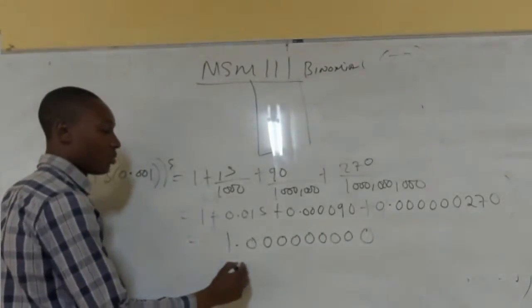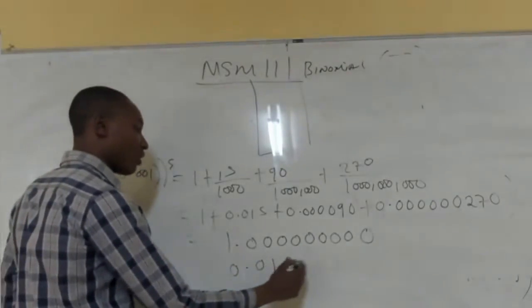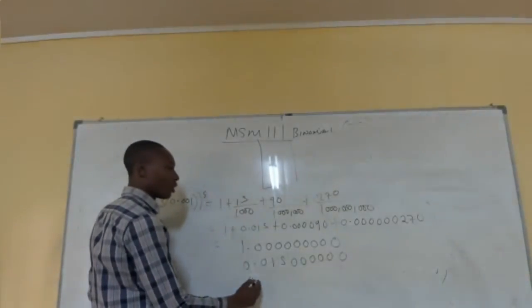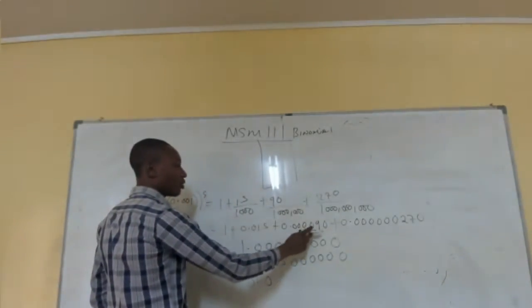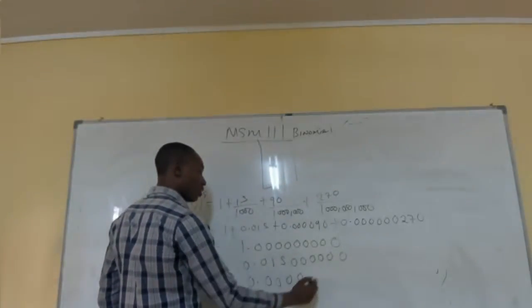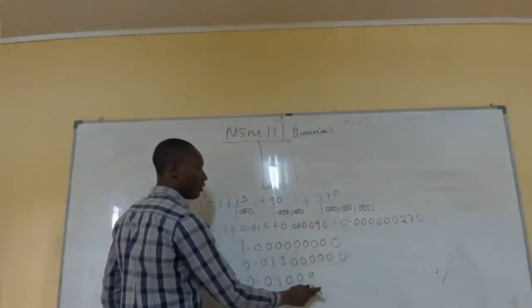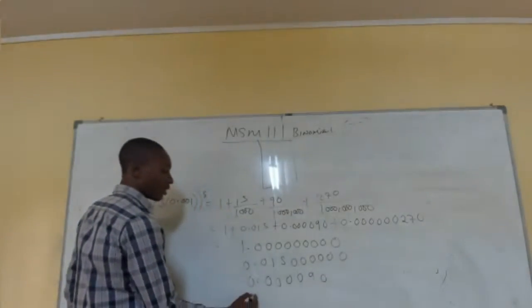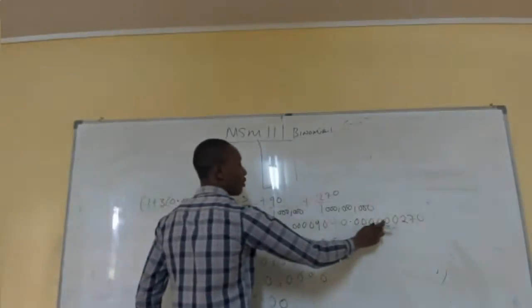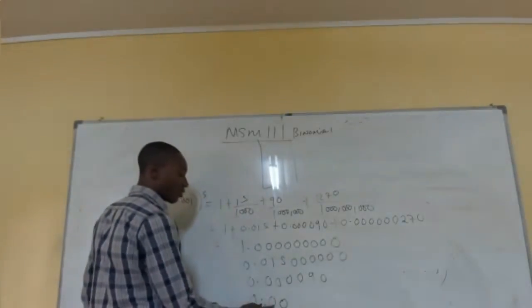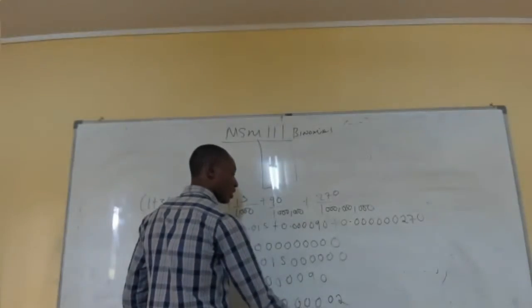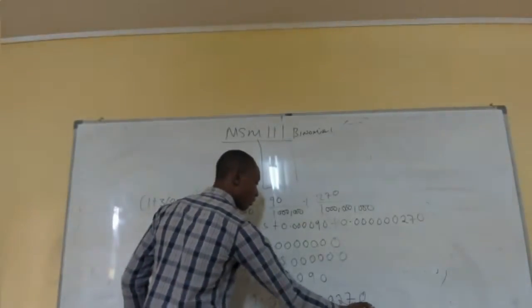The next one is 0.015. The next one is 0.00009. Then the last one is 0.00000027.